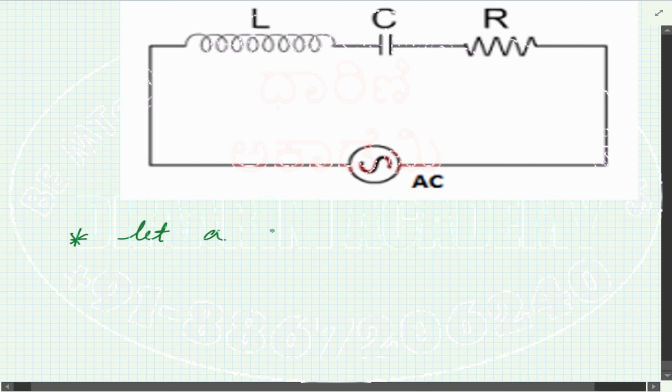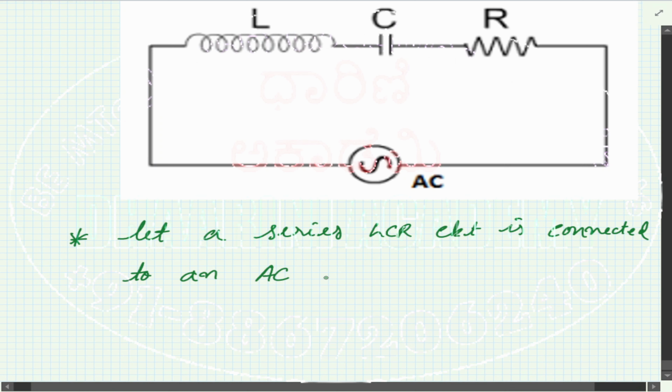Let a series LCR circuit be connected to an AC source, V is equal to, say, V naught into sine pt.